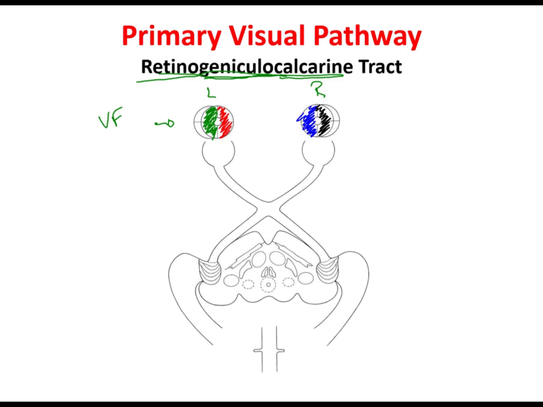So light travels in a straight line, so the visual information from the left visual field of the left eye, the light will actually hit, so if this is my nose here, this is the person's nose. So this is known as the nasal retina.